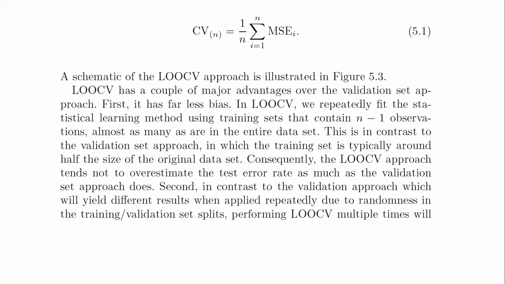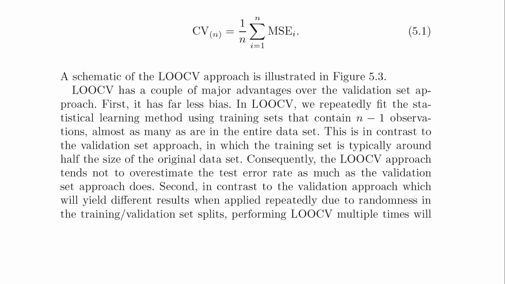LOOCV, the leave one out cross-validation approach, has a couple of major advantages over the validation set approach. First, it has less bias. In the leave one out, we repeatedly fit the statistical learning method using training sets that contain nearly all of the observations, N-1 in fact, almost as many as there are in the entire dataset.